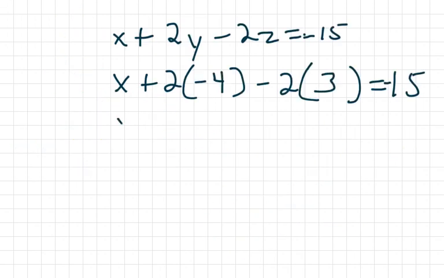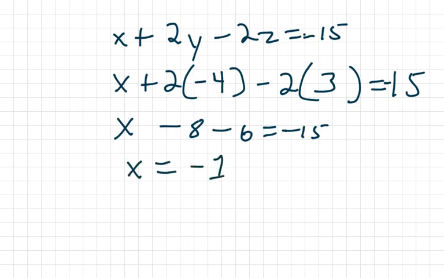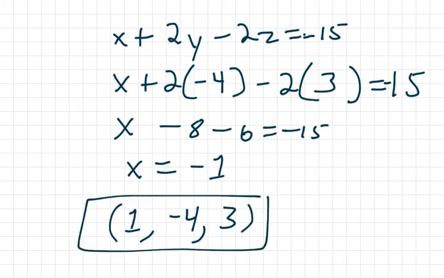And then you can solve for x. So x minus 8 minus 6 equals negative 15. Negative 14, add that over, we get negative 1. So your ordered pair is negative 1, negative 4, and 3. And there is how you use determinants to solve a 3 by 3 system.